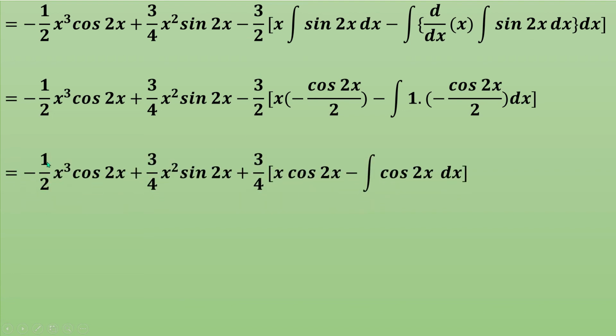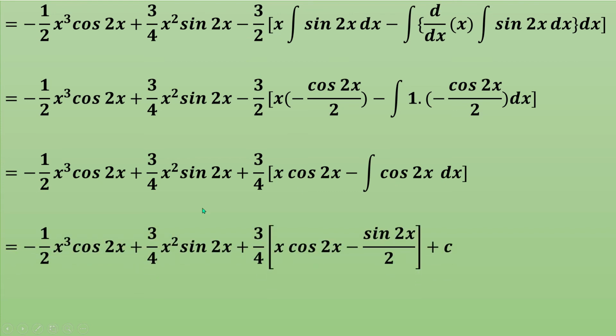Now calculate, we'll get this part fixed, this part fixed, and here will be 3 by 4 minus plus x into cos 2x minus, here will be integration of cos 2x, as half, 1 divided by 2, is common, as a result here will be 3 by 4, and this x into cos 2x minus, here will be integration of cos 2x dx, and we can write this 3 parts same.